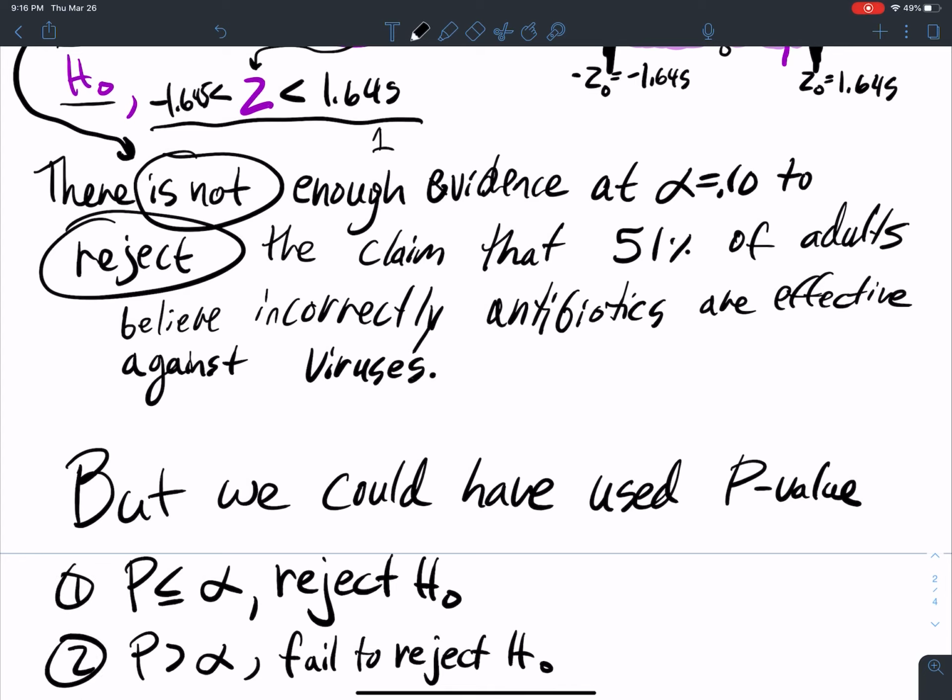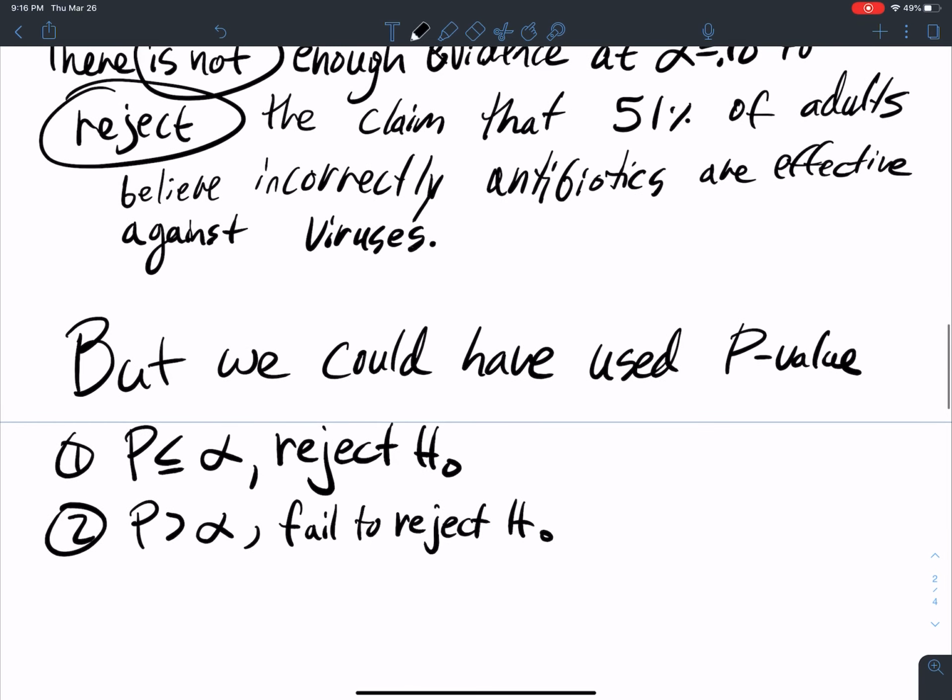Now, for this particular one, in order to find the p-value, you need to use your calculator. Your calculator can help you get the solution.